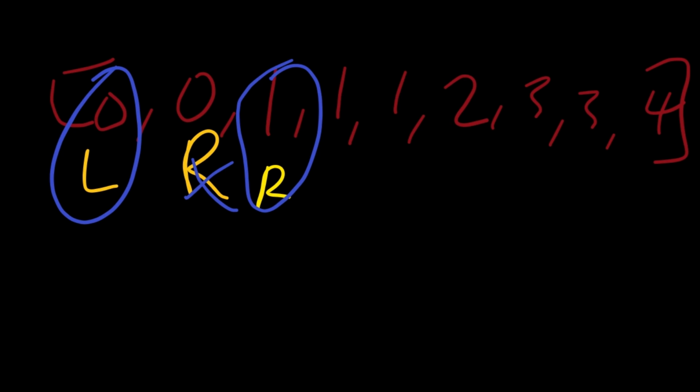However, we are asked to do it in place. If we do this, now we're going to have 1, 0, 1, in which case this will be wrong because our array is expected to be non-decreasing. So we still want to return 0, 1 instead of 1, 0, 1.